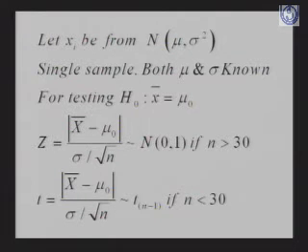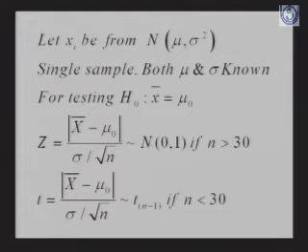I have some reasons to believe that mu and sigma are roughly around this much, from past data or past experience. Based on a single sample, I may then be interested in testing the hypothesis that the population mean is some value mu naught.